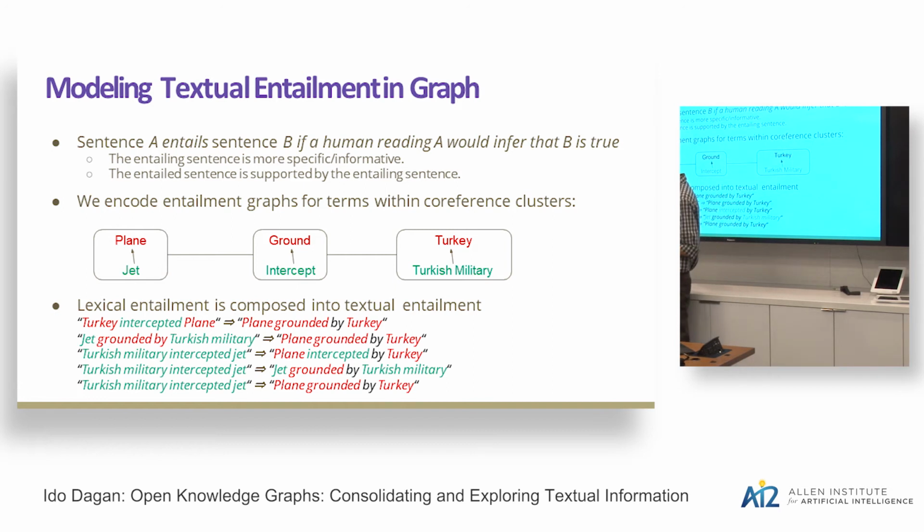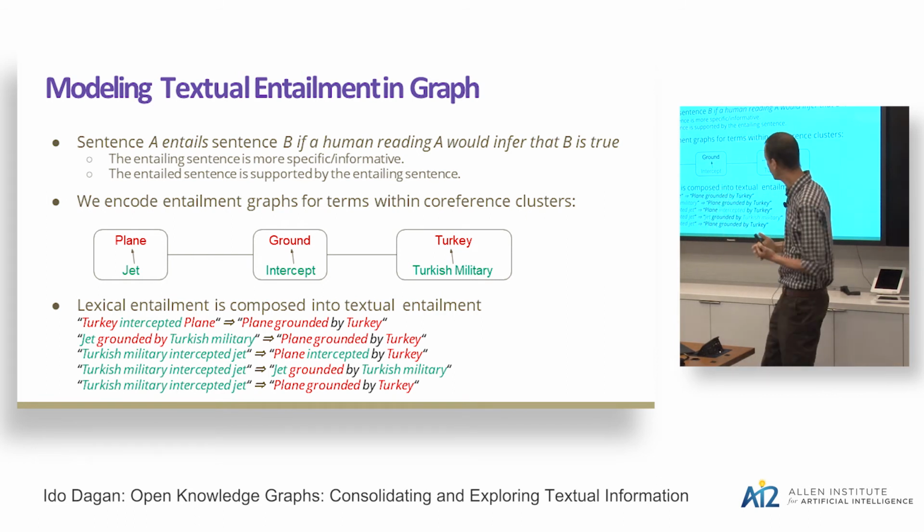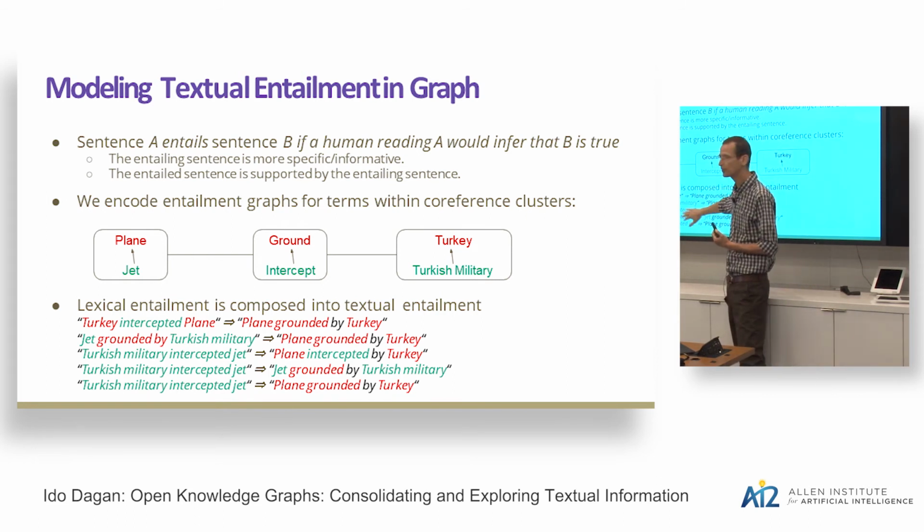So as an additional layer in our annotation, within each coreference cluster, we draw a small entailment graph that tells us which terms are more specific, which terms are more informative, which terms entail others. And then we can start doing these types of entailment between sentences in a compositional way.